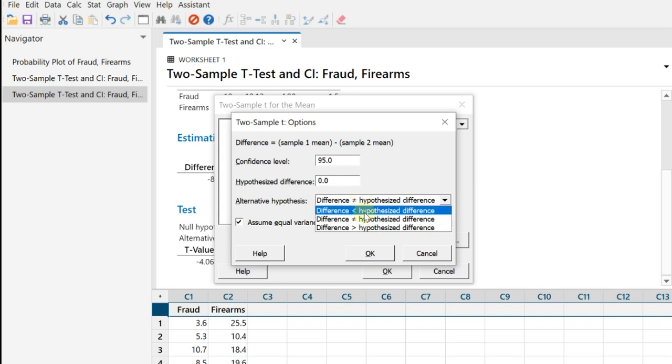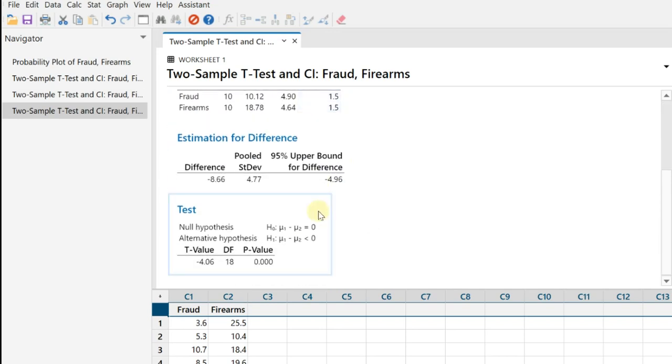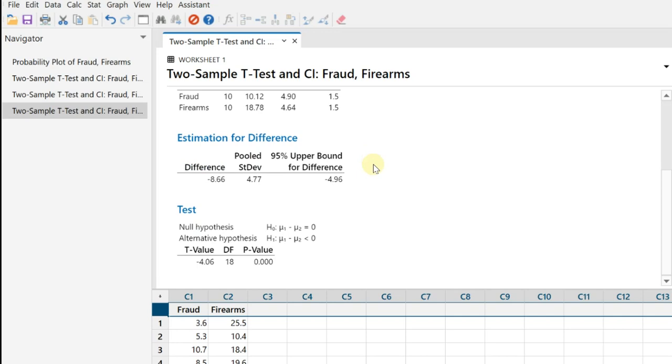Change the alternative to less than to run our hypothesis test. And there you go. And right up here it says equal variances are assumed for this analysis. So if the problem requires or mentions assuming equality of variances, you check that box. And there you have it.